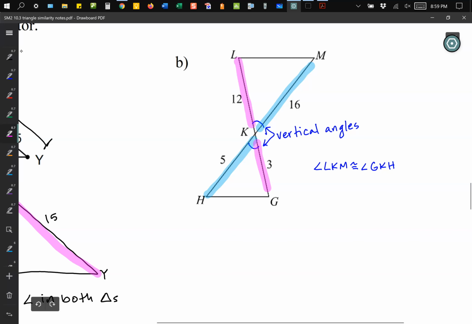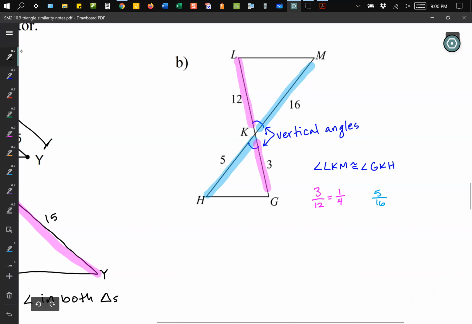So if I do shorter side over shorter side, 3 over 12 is 1/4. And I did the bottom triangle on top. I need to make sure I do the same thing on the other triangle. So the other triangle, 5 over 16, well, that doesn't simplify.